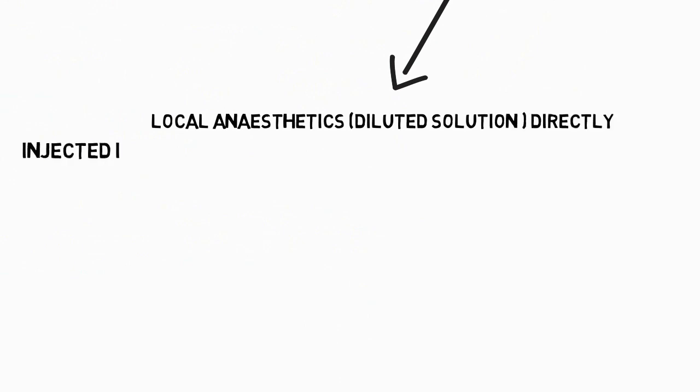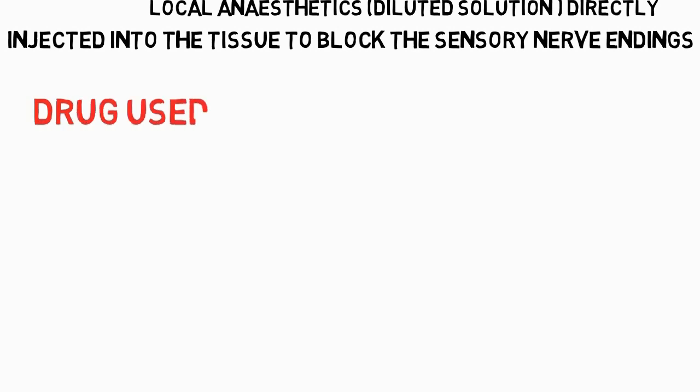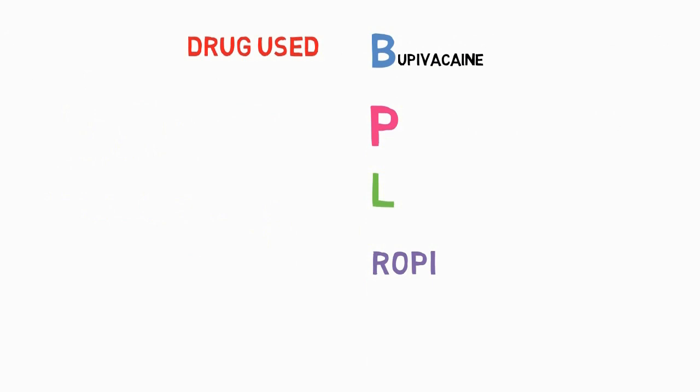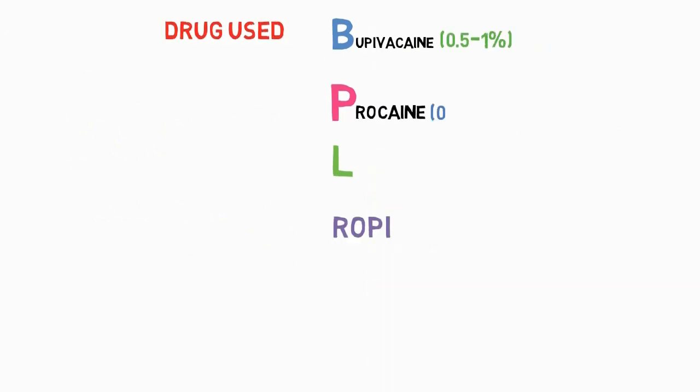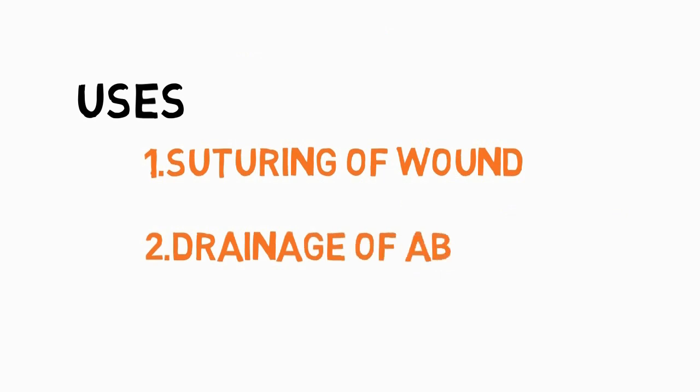In this type of local anesthesia, a diluted solution is directly injected into the tissue to block the sensory nerve endings. Drugs used: bupivacaine, procaine, lignocaine, and ropivacaine. Uses: it is used in minor surgeries such as suturing of wounds and drainage of abscesses.